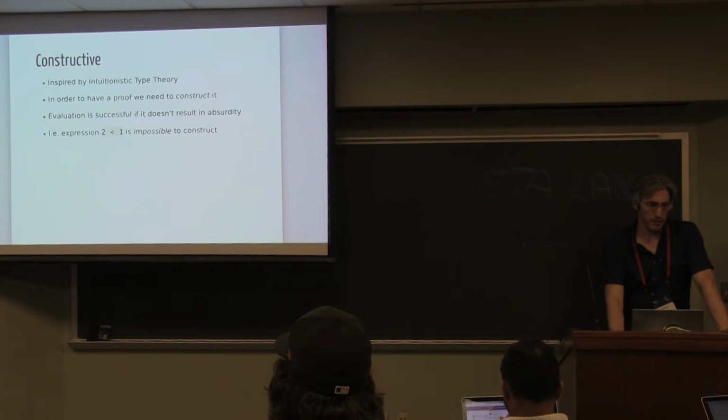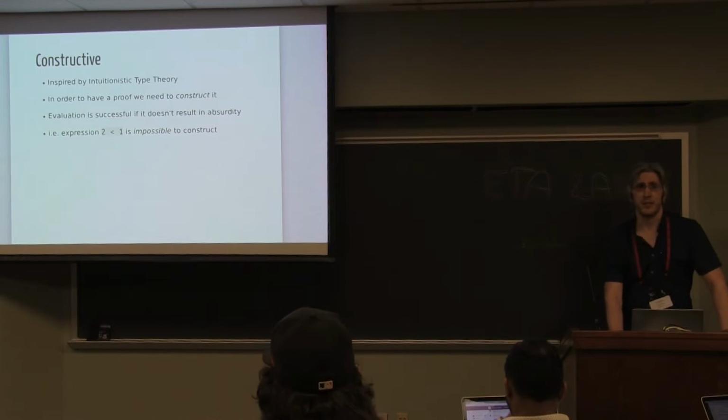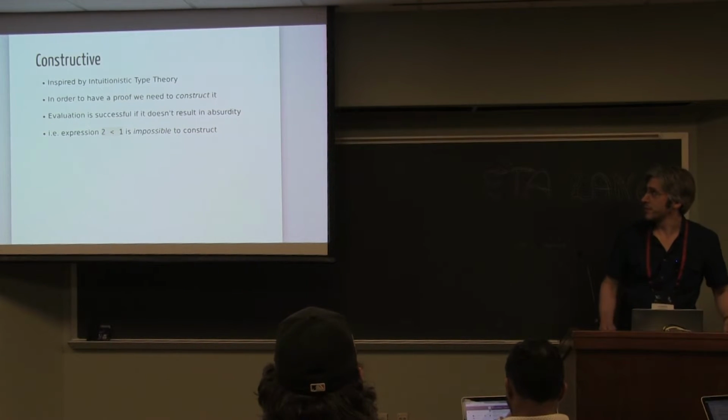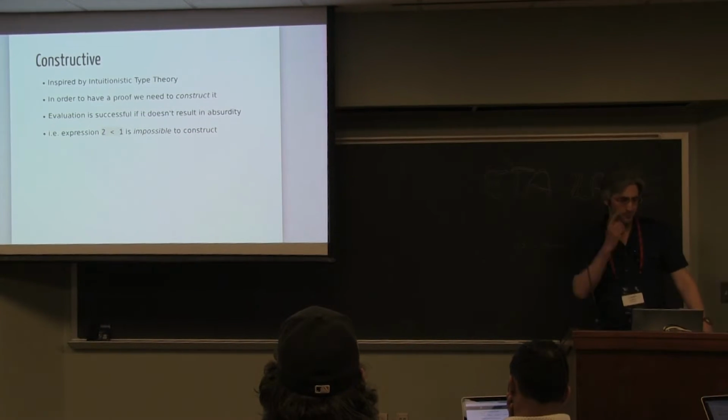And one way of seeing this is that evaluation is only successful if it doesn't result in absurdity. So if you are able to construct the expression, then it stands. You've been able to construct it, therefore you have the proof.